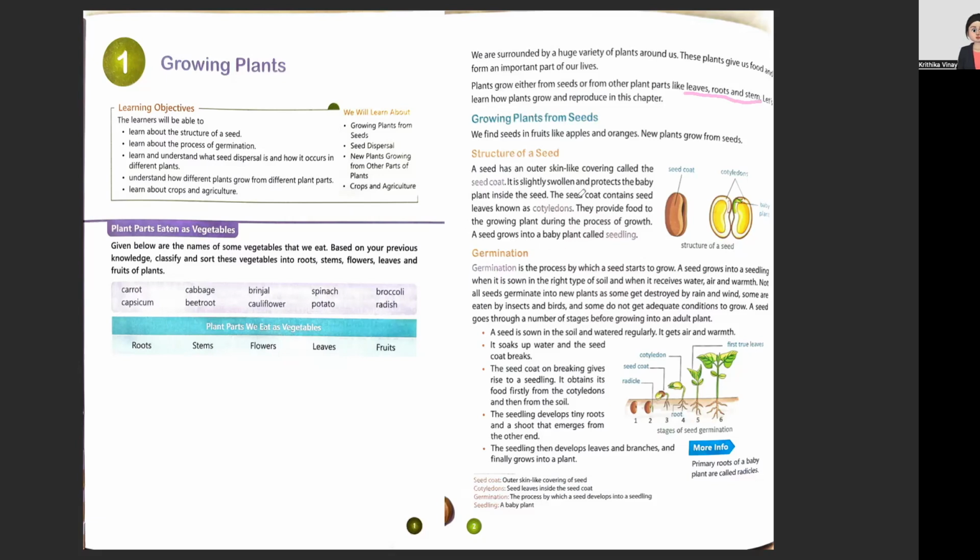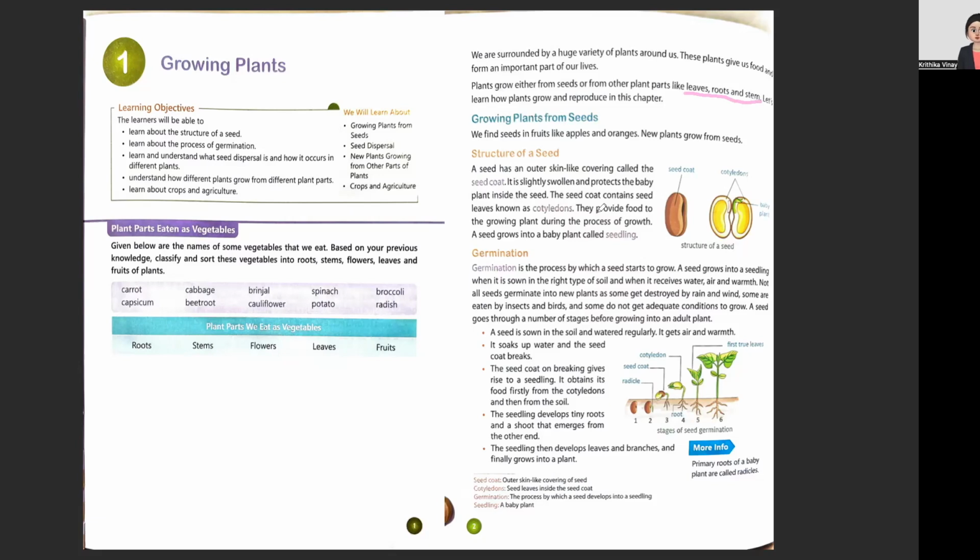Okay, so now let's continue. It is slightly swollen and protects the baby plant inside the seed. See, this one is the baby plant or the embryo.